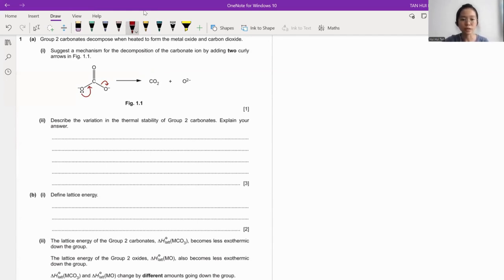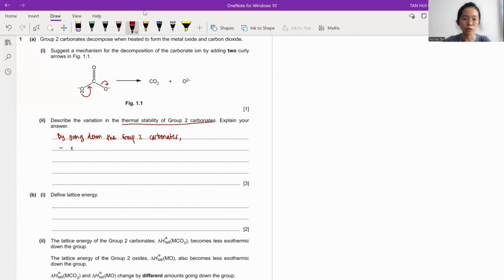Describe the variation in the thermal stability of group 2 carbonates. Explain your answer. Usually start your answer with going down the group. Because it didn't mention going down or up, I think it's safer to include the words going down the group.